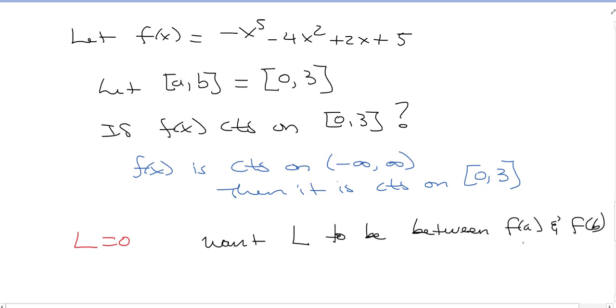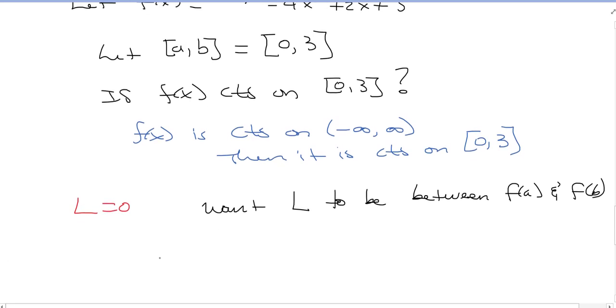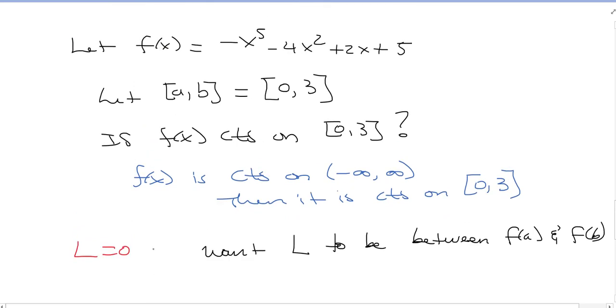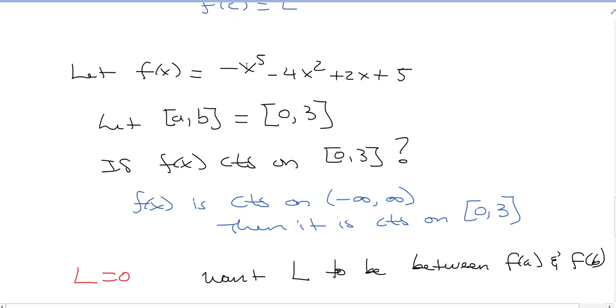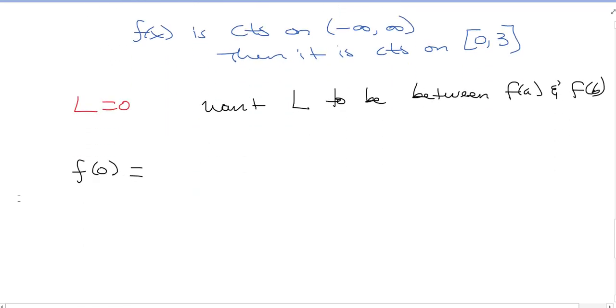I'm going to try to avoid the inequalities because I don't know which way it's going, right? So a, b is 0, 3. So f of 0, what is f of 0? We'll plug it into the function. When I plug in 0, I'm going to get 5. So f of 0 is 5.